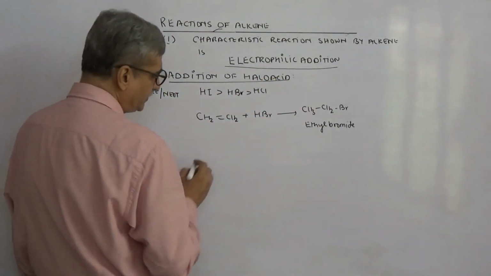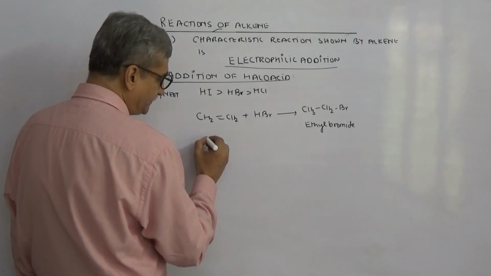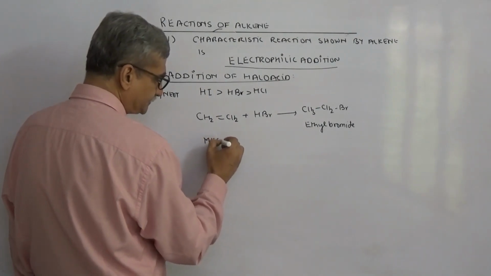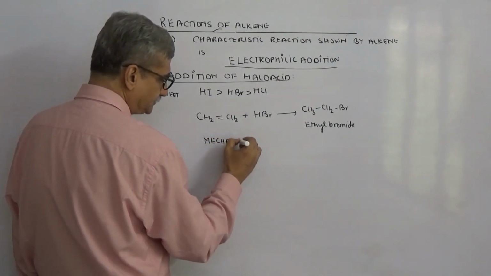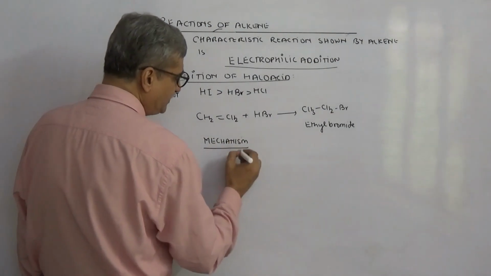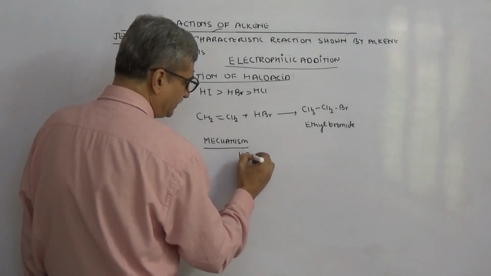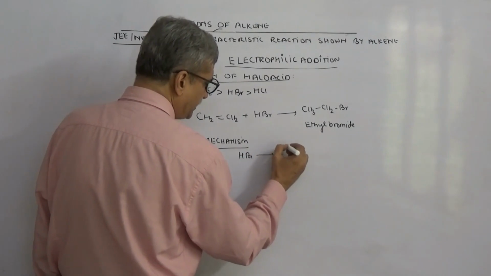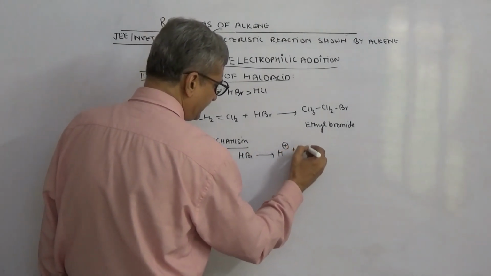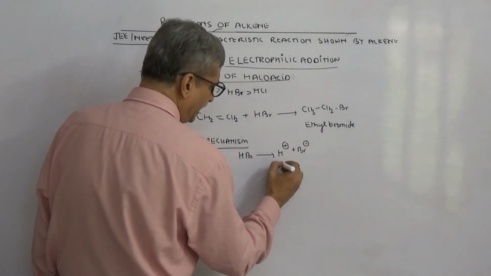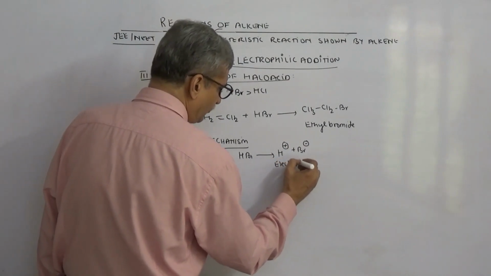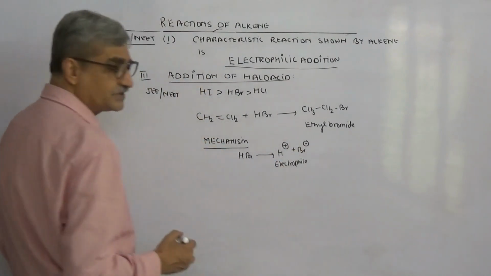So now, what would be the mechanism? The mechanism is what happens. HBr splits to form H plus and Br minus. So over here your H plus is the electrophile, which is going to cause the attack.